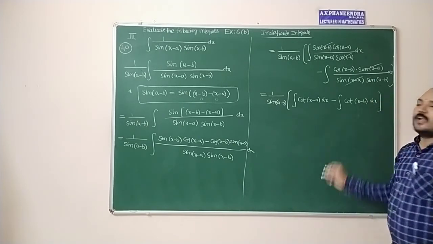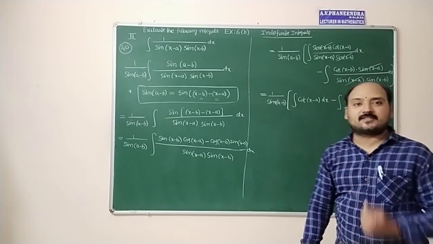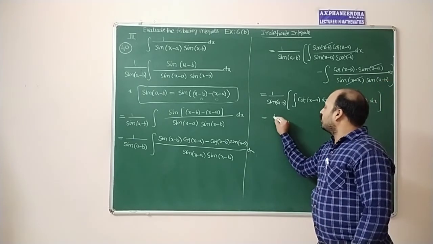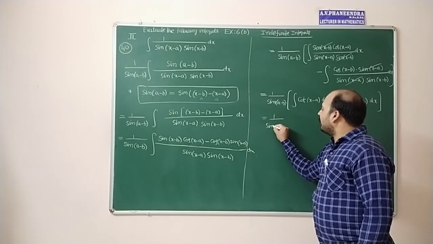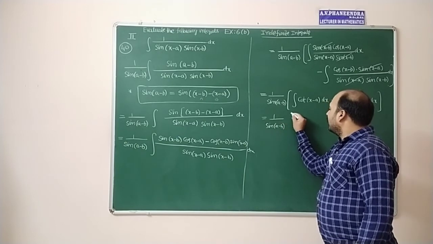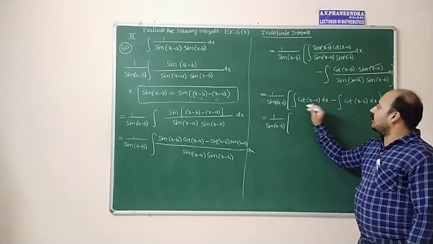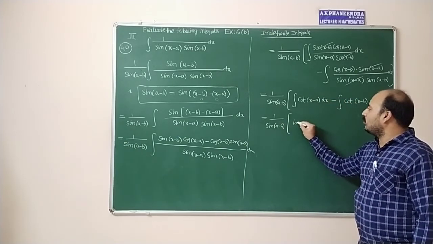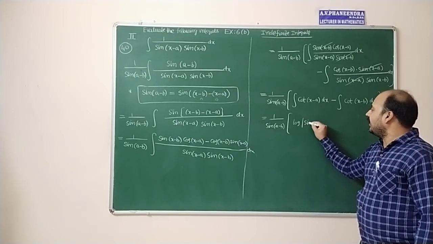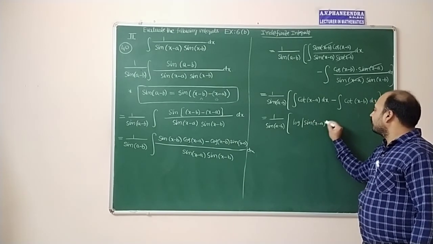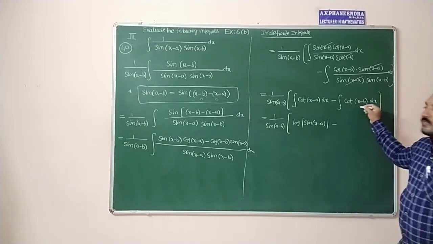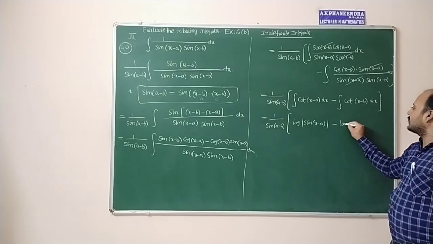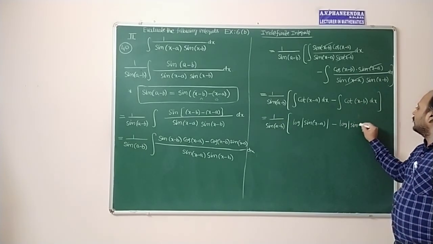We know that integral cot x is log mod sin x, which is equal to 1 by sin of a minus b into integral cot of x minus a is log mod sin x minus a, minus integral cot of x minus b, log mod sin x minus b.